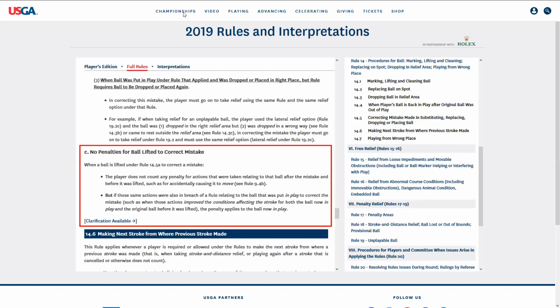In the exception, but if those same actions were also a breach of the rule relating to the ball that you're putting into play, you have to count the penalty. But that's common sense.